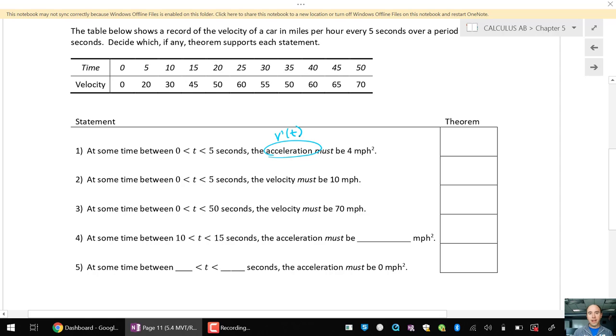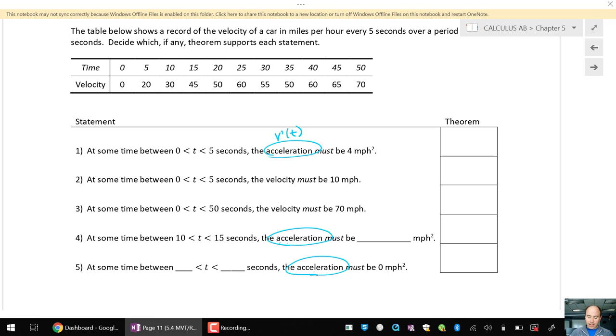So I'm basically seeking to guarantee the existence of a derivative value. It kind of sounds like mean value theorem. I'll probably be using MVT to prove that. Same thing with statement 4, acceleration. Statement 5, acceleration. So those are the derivatives of velocity. And if we're proving the existence of a value there, think about using MVT or Rolle's theorem.